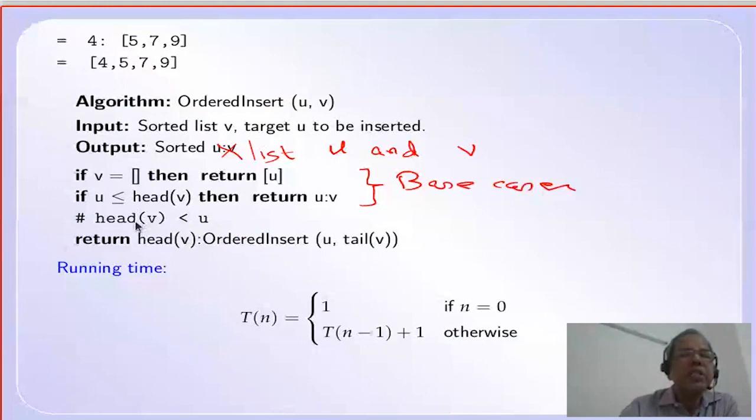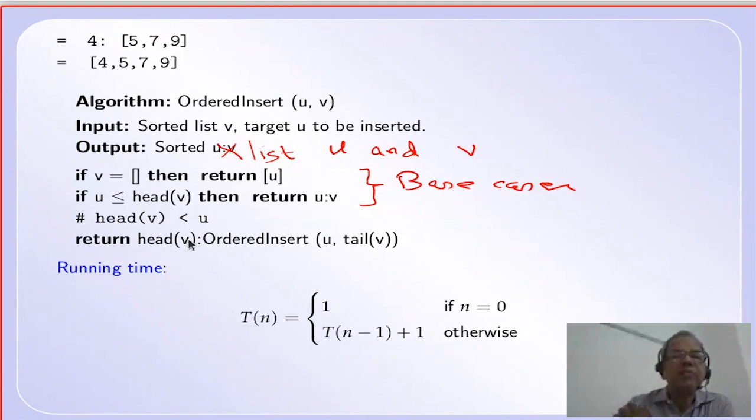If the control reaches this point, that means U less than or equal to head of V is false, and V is equal to empty list is also false. Therefore, the negation of U less than or equal to head of V is head of V is less than U. Since head of V is less than U, head of V should become the first element.